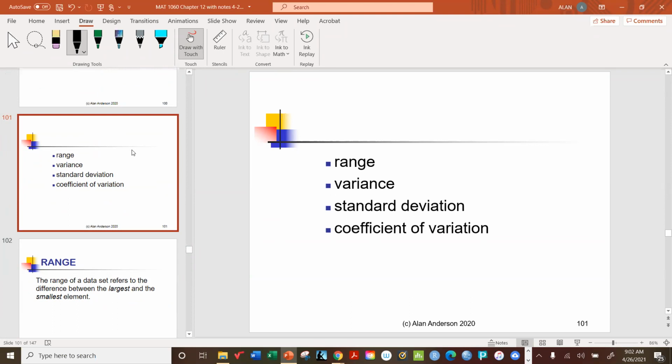The other 3, maybe not. All right. So luckily, the range is really, really easy. The variance and standard deviation are a little bit trickier, okay, than what we've done up to this point.